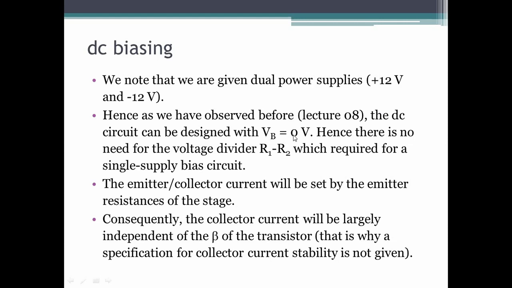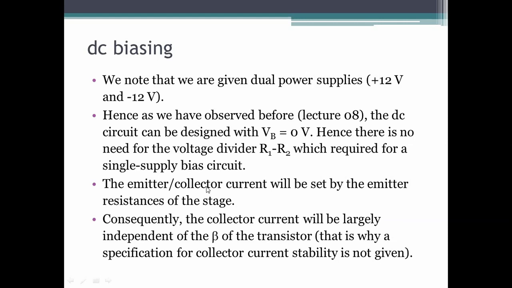It does not need to be a positive voltage to bias the transistor in the active mode. So go back and look at lecture 8. If this is 0, there is no need for the voltage divider R1, R2, which we had used in a single supply self-bias circuit. So the R1, R2 are not required. We need only the RC and RE, and that will be enough bias.